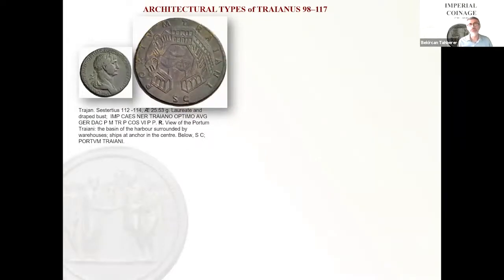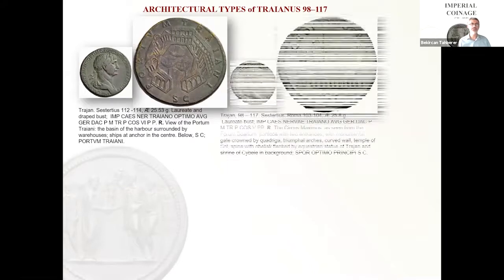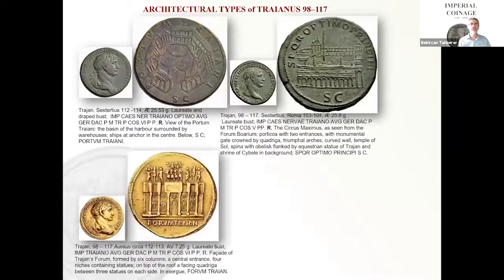Some incredible architectural types appear on Traianus's Sestertius at that time. And he built a new port, and this is an interesting depiction of the second port that he built.